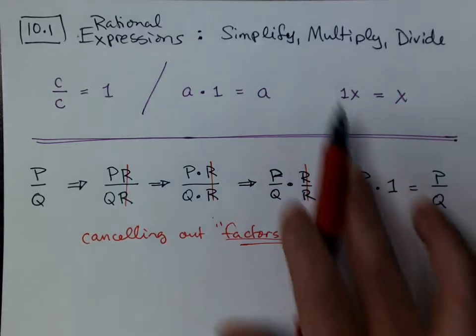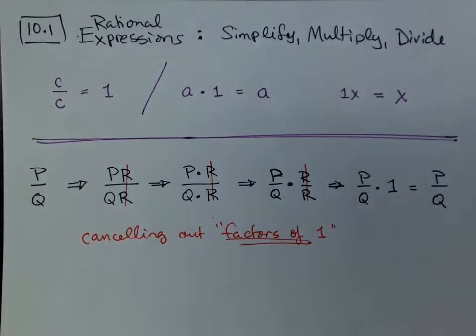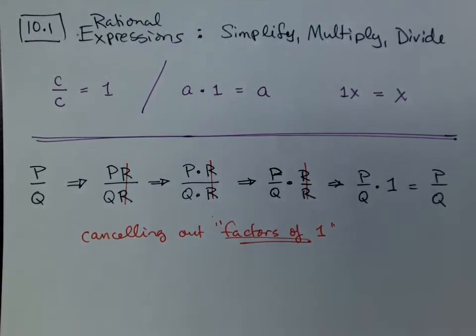So to simplify, multiply, and divide, we have to make sure everything is fully factored first. There's our factoring skills. Once everything is factors, anything that matches, 1 on top, 1 on bottom, cancels out. It's a factor of 1, so it cancels out. But you cannot do that until you are factored. Because only then can you see if you have factors of 1.